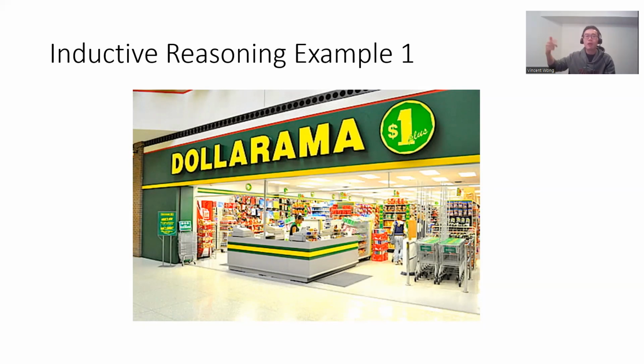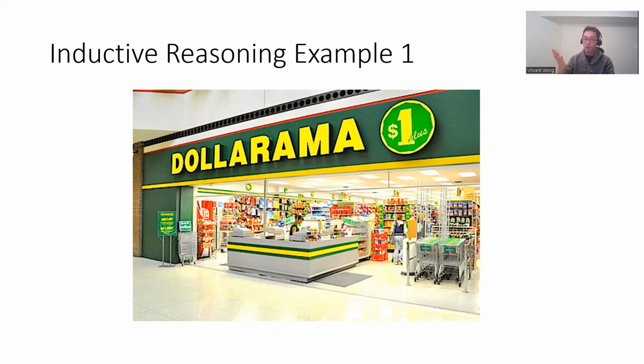And after a few more examples, she came to a realization: everything from this section is $2. So that's inductive reasoning. The observation was that's $2, that's $2, that's $2, and the generalization is everything here is $2.